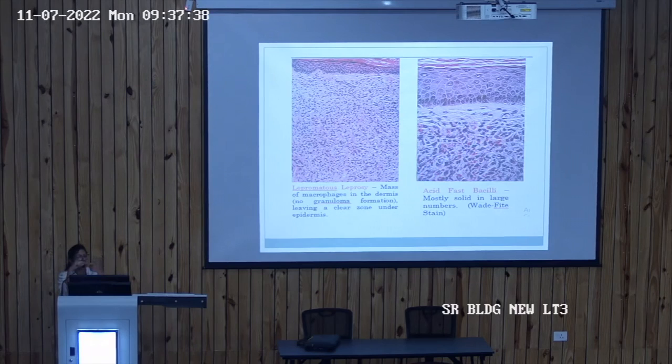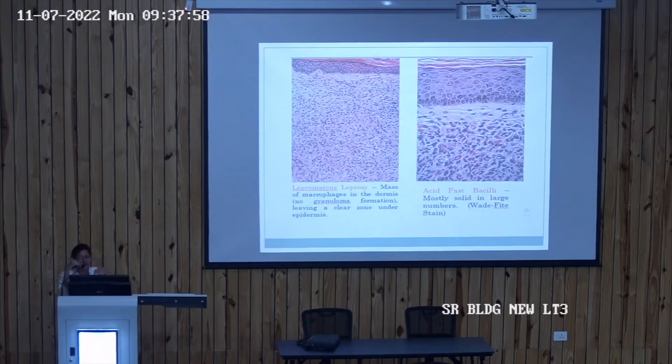What is the difference between Ziehl-Neelsen stain of tuberculosis and leprosy? 5% and 20%. In which one is 5% used? Okay, what do we call that Ziehl-Neelsen stain? Modified Ziehl-Neelsen stain, right? And that is conventional Ziehl-Neelsen stain.